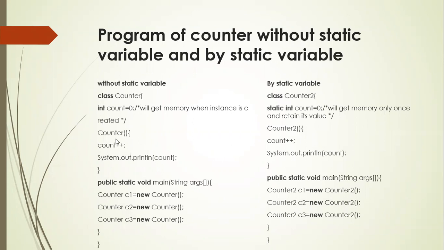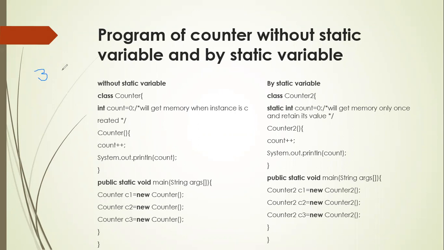This one is called the constructor of the Counter class, and it is used for incrementing the counter. When I initialize C1, C2, C3, how many objects have I created? Again, I will use the annotation so that you will understand. Here I have taken three objects.